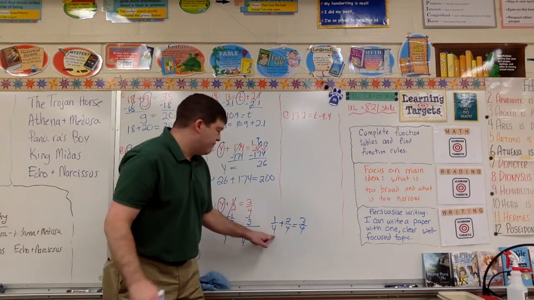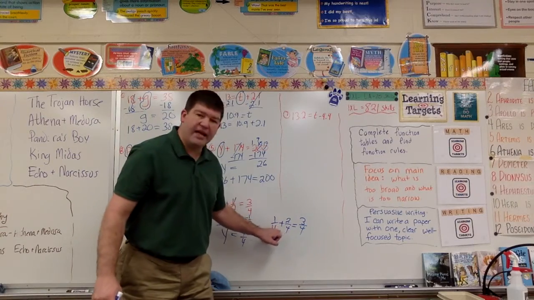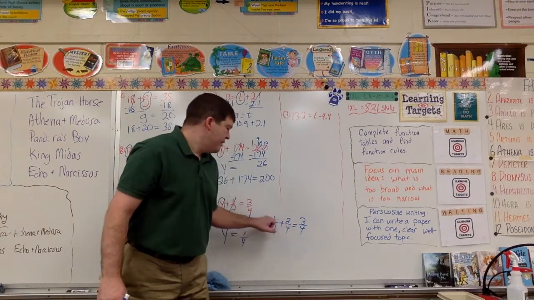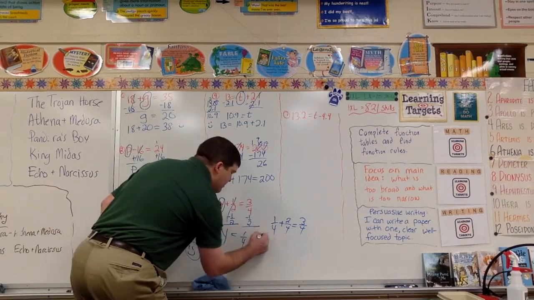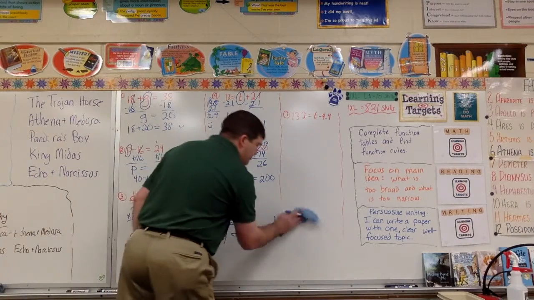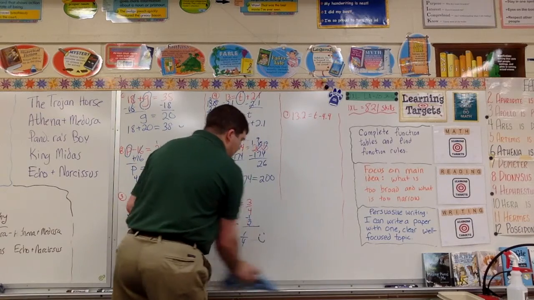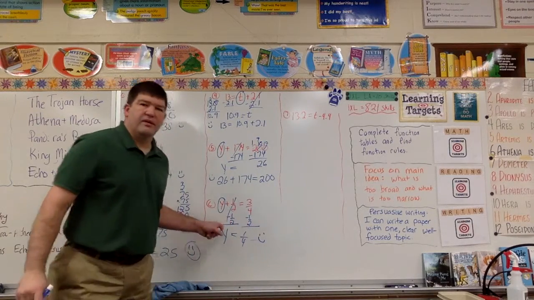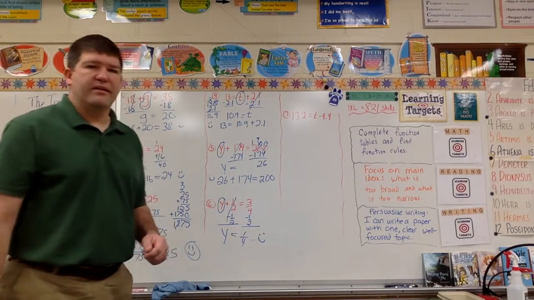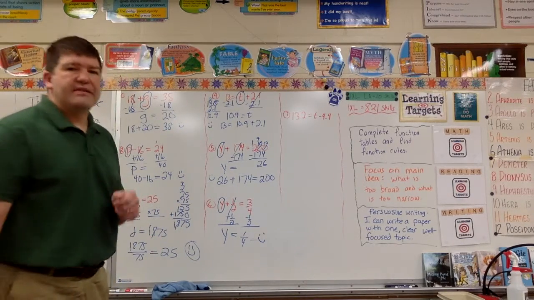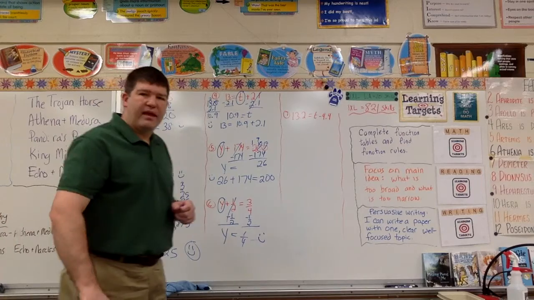It does because the denominator, when you're adding, just goes right there. 1 plus 2 is 3, 3/4. So this is correct. If you don't understand this one, it's probably because you're struggling with adding or subtracting fractions. So if that's the case, come see me and I'll help you work through that.